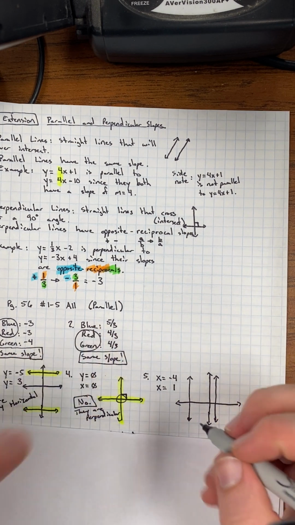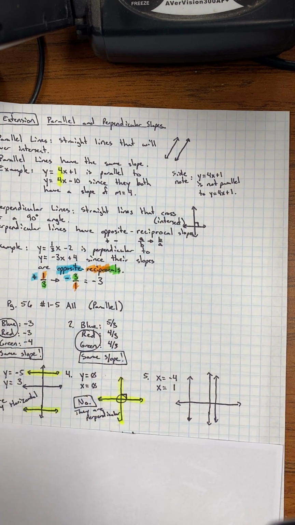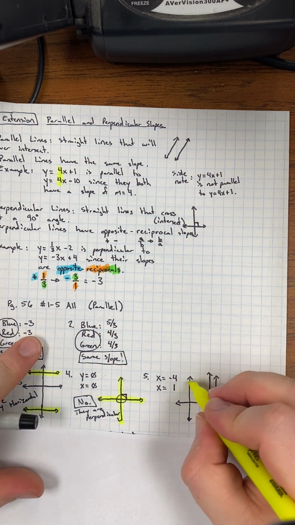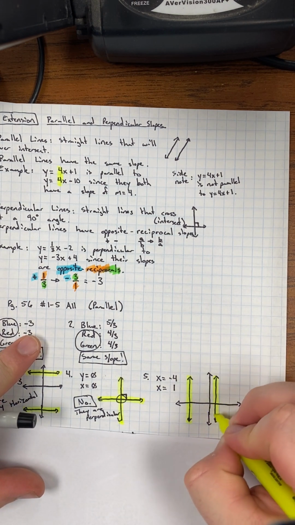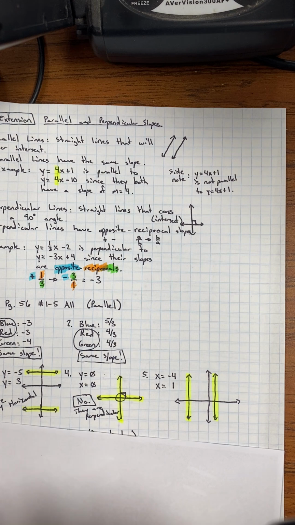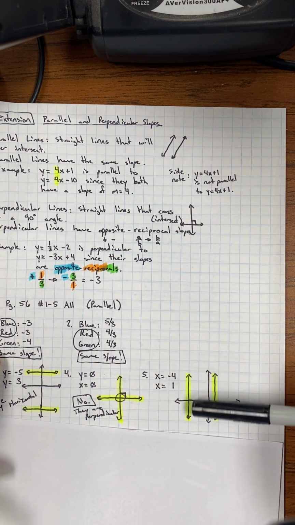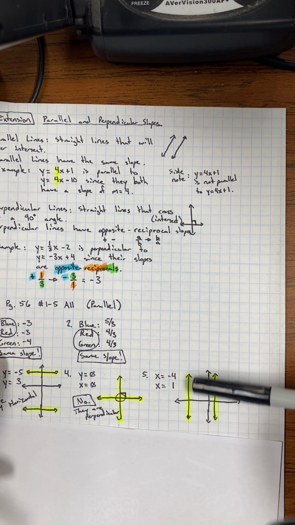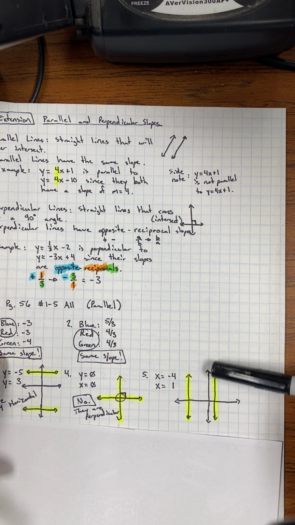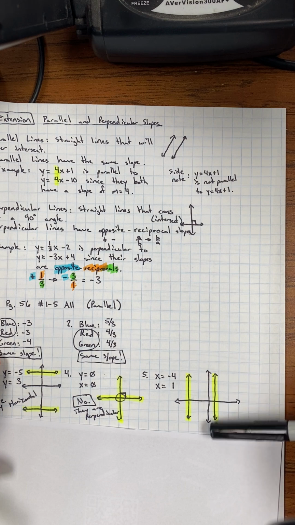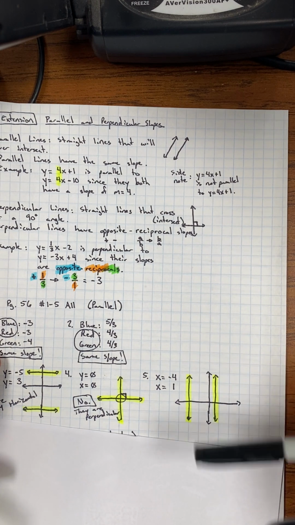Remember that those are going to be vertical lines, okay? So if these are vertical lines, and we know that all along these lines, x is forever going to be -4, x will never be able to be 1, which means these two lines are never going to cross each other, right?